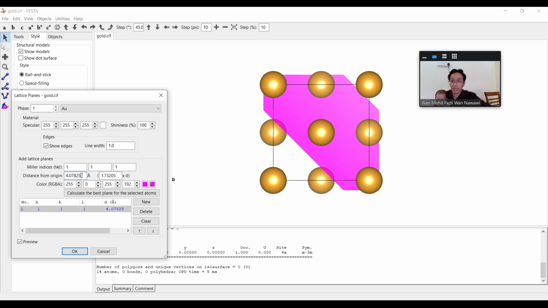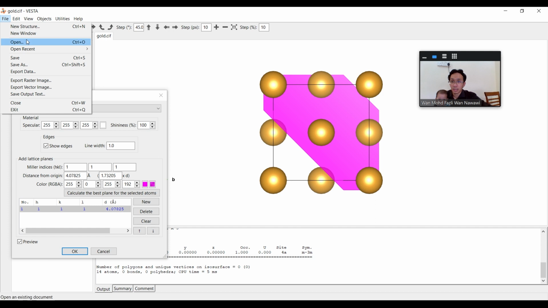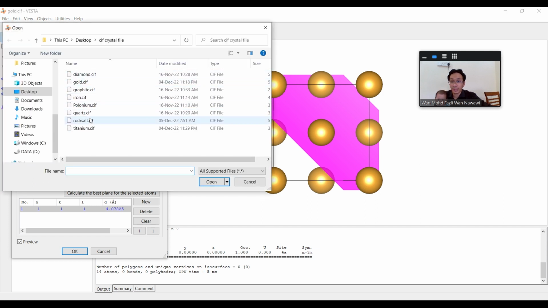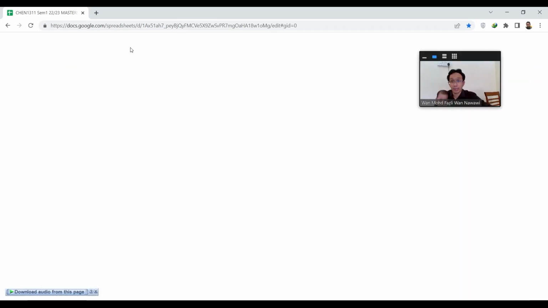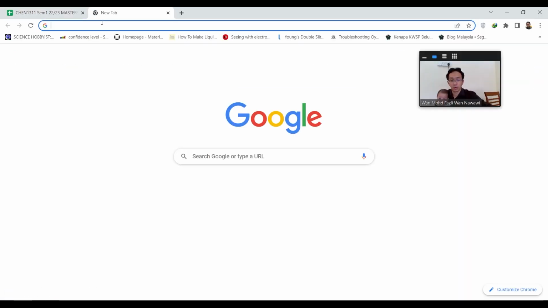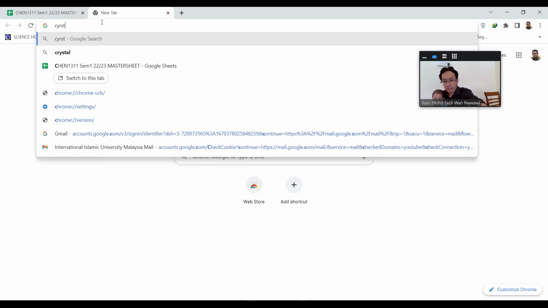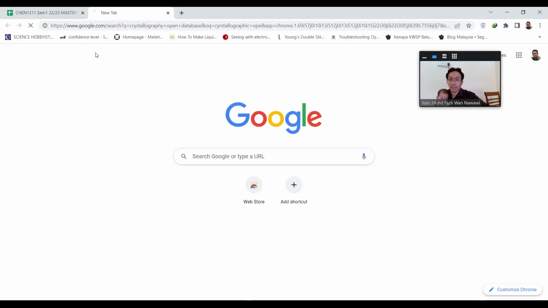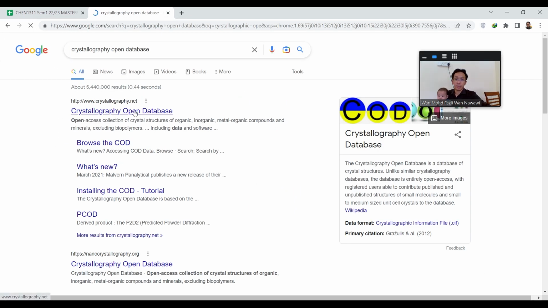And how they get this is because the CIF file that I take here, if you remember, I take it from the crystallographic open database, COD.